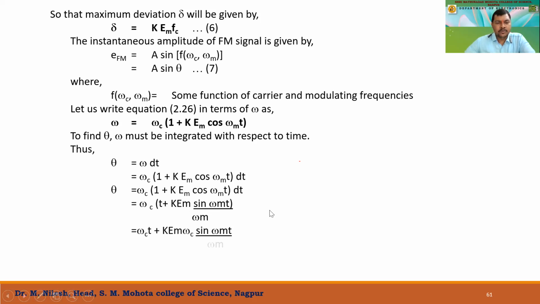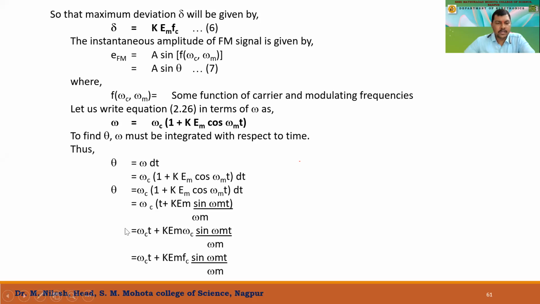If you take it as common, we have omega c t plus k Em omega c sine omega mt by omega m. So this is the derivation portion.